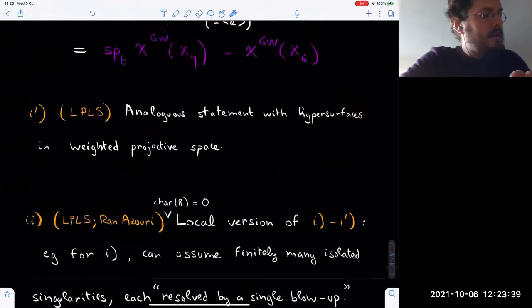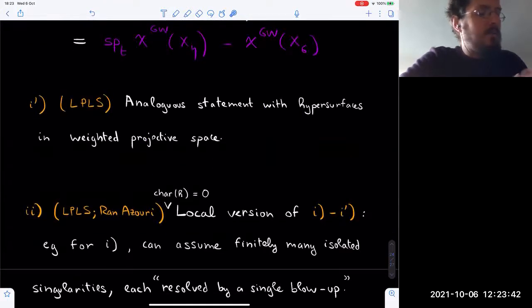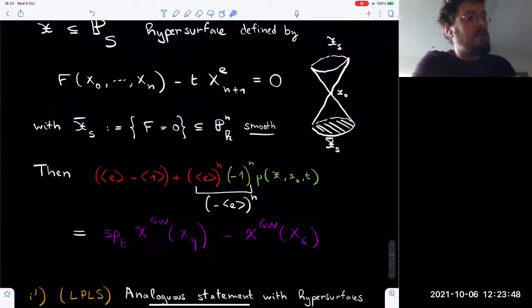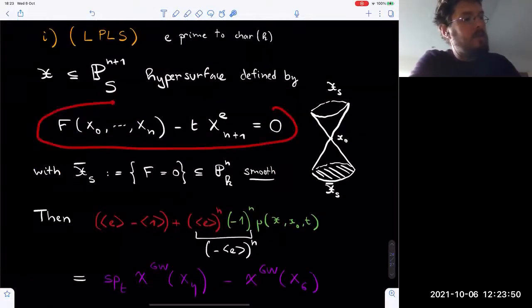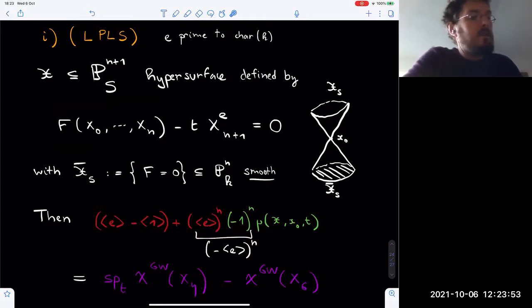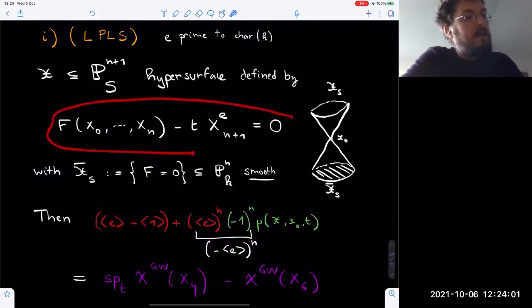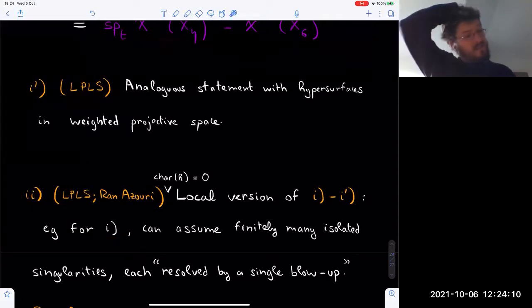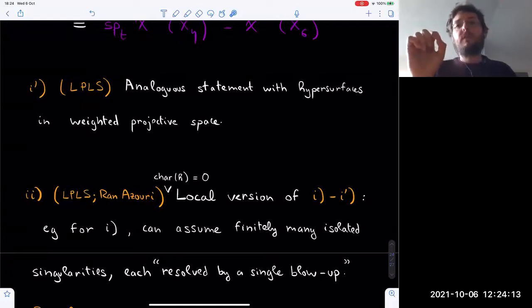And then finally, there is maybe a more satisfactory version of this result. This result was for a very specific type of equation, but what happens is that the formula still holds if you have a situation which is locally of this type. Locally, for instance, means that you can assume you have finitely many isolated singularities, and what you assume geometrically is that if you blow up one of the singularities, it is essentially resolved by one blow up.